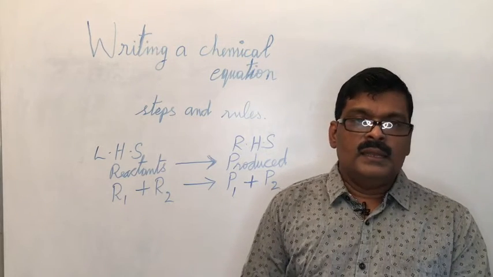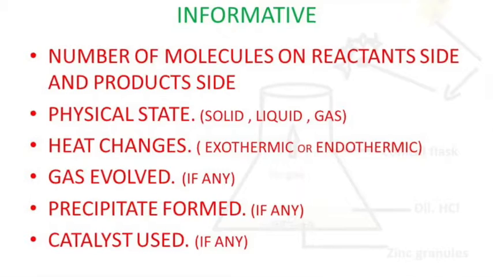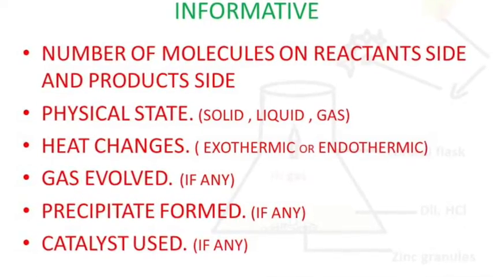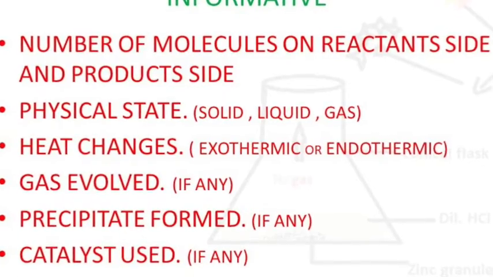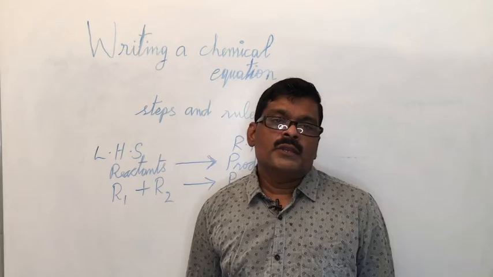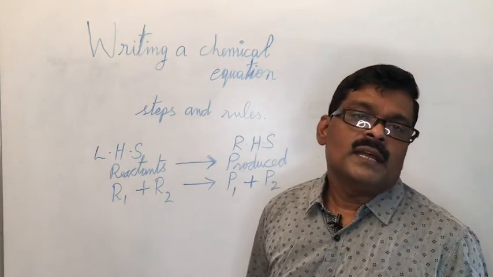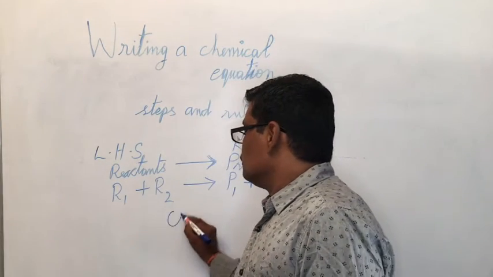Next step, in chemical equations we cannot always write with words. Suppose oxygen is there, we cannot write the word oxygen. So, we use its molecular symbol O2.